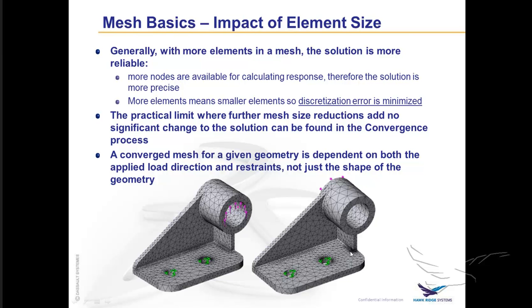And you can see where the locations of the stress concentrations are different. Therefore, the converged mesh, or the refined mesh, is different for each problem. So it's not just dependent on the shape. It's not just dependent on, okay, there's a fillet here, let's use a small element. It also depends on where the stress concentrations are occurring and where your areas of interest lie.